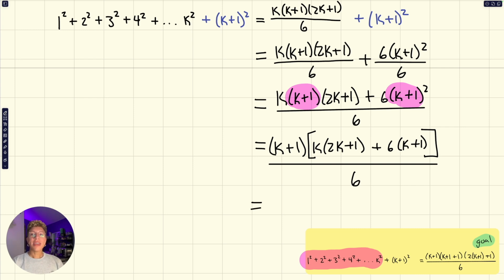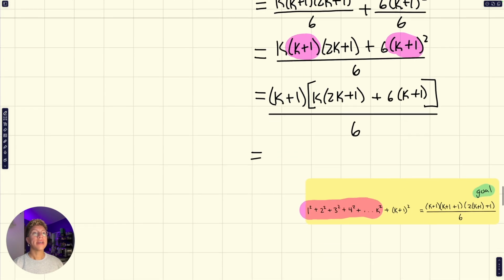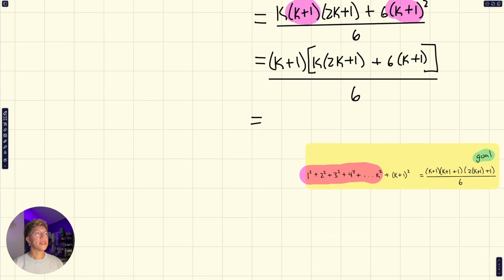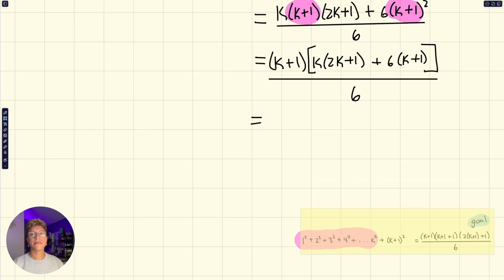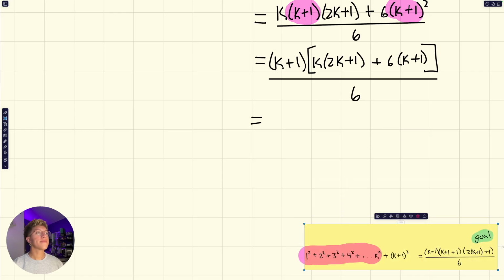What we see here is that if we compare ourselves to our goal, we have a k plus 1, so we're getting closer. If we can take the inside of the square brackets and change them into those other two factors, we'll be all done. So moving down, and once again, getting our goal out of the way. What we can say here is that this is k plus 1.